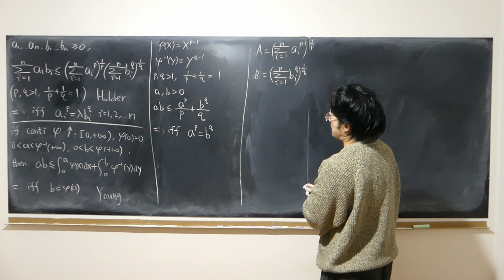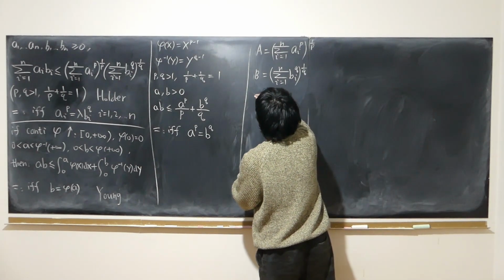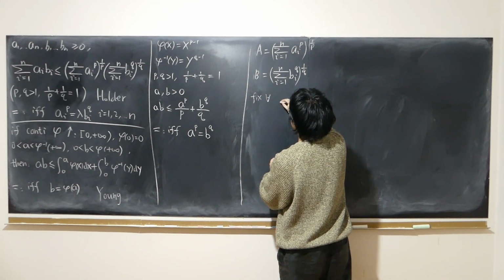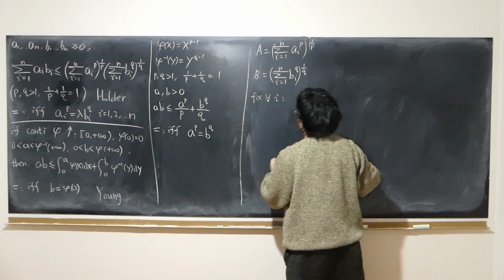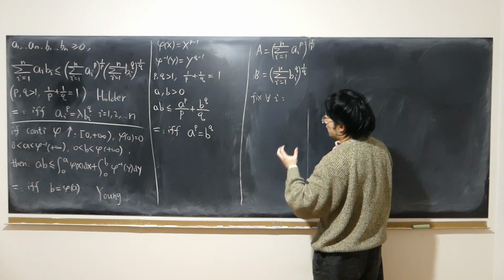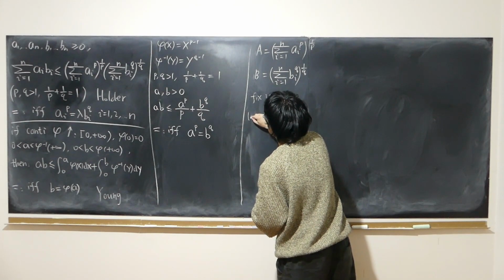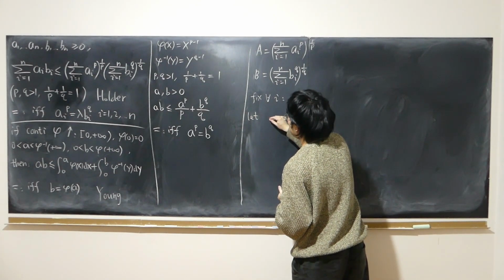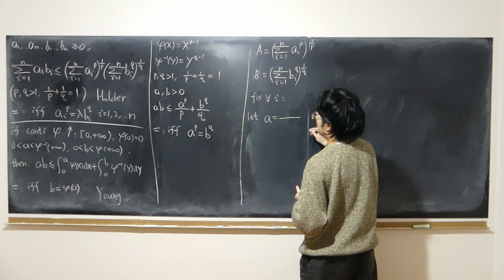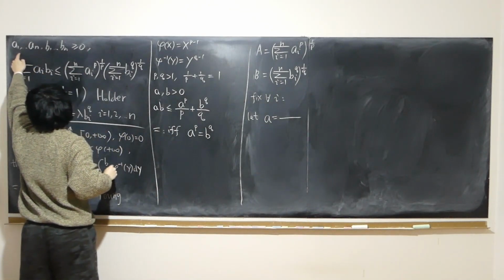So in fact, if I fix any positive integer i, right? Any i, once given, we fix it. Then I have, if I let a equal to, for example, so I'm using the number in here, a_1, a_2.